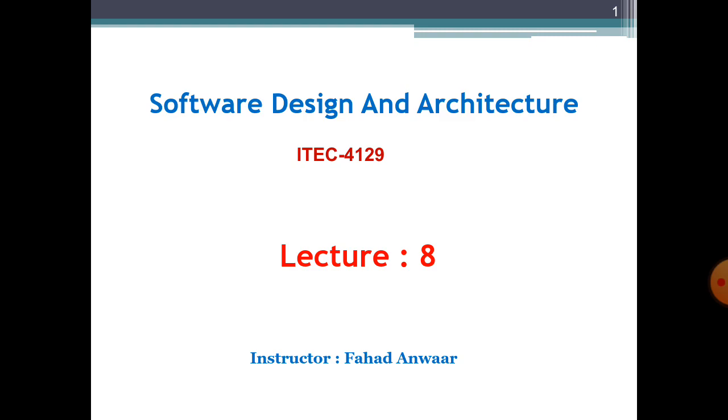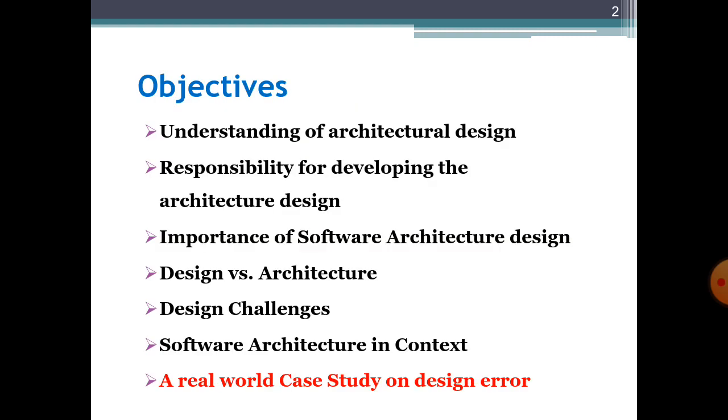Now, let's move to the official discussion of today's lecture. Students, these are the objectives of today's lecture. First of all, we will see the architectural design, and who is actually responsible for developing it. Then we see the importance of software architecture design, and try to differentiate between design and architecture to get a better idea about these terms.